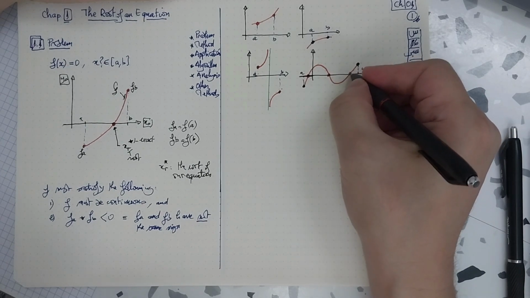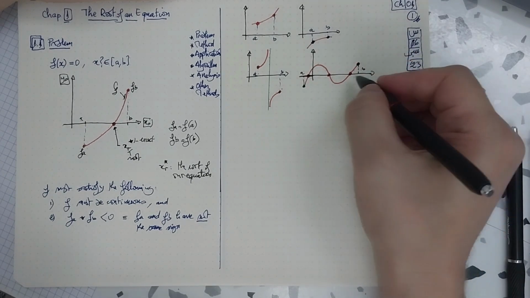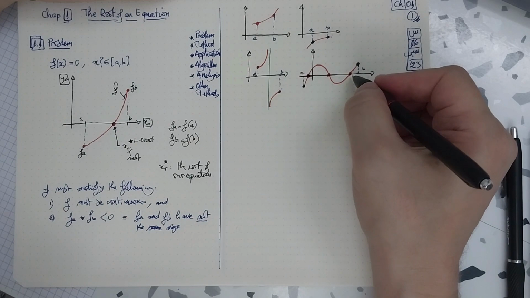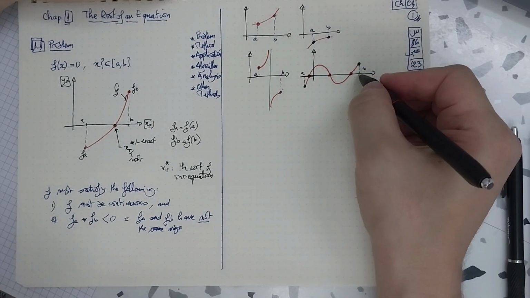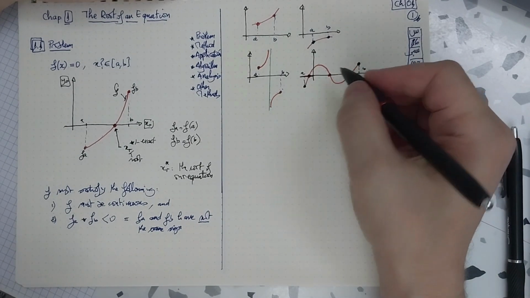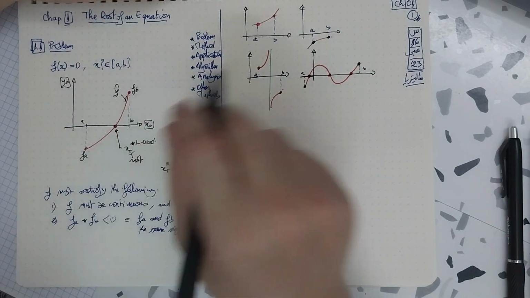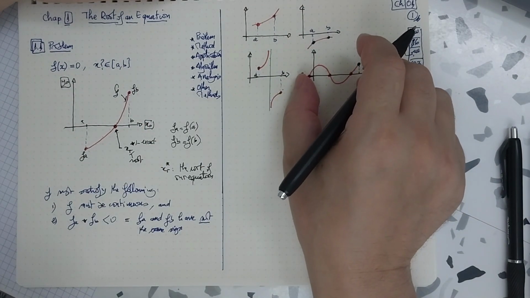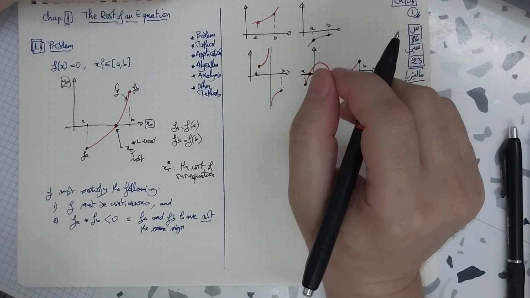This will not work also because we have multiple roots, several roots between A and B. And we have said at the beginning that our interval must contain a single root.